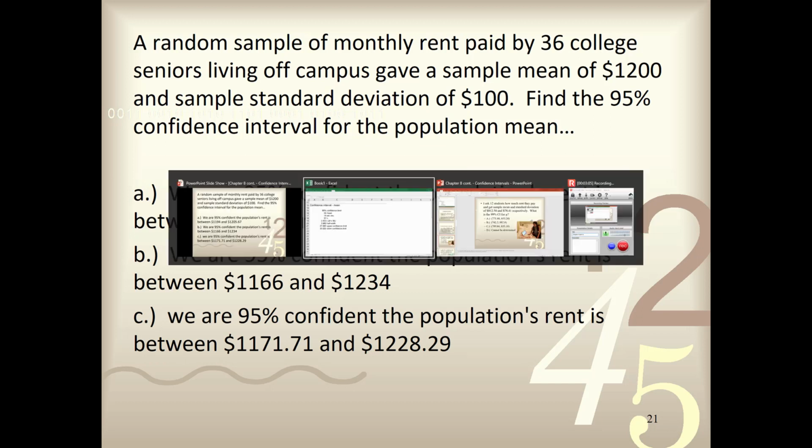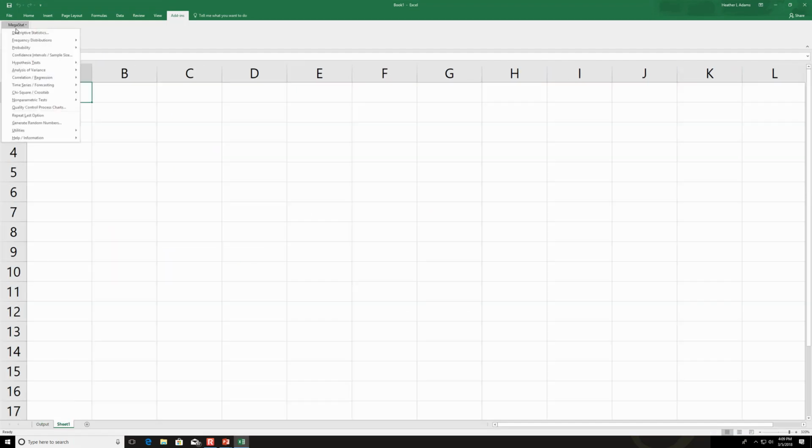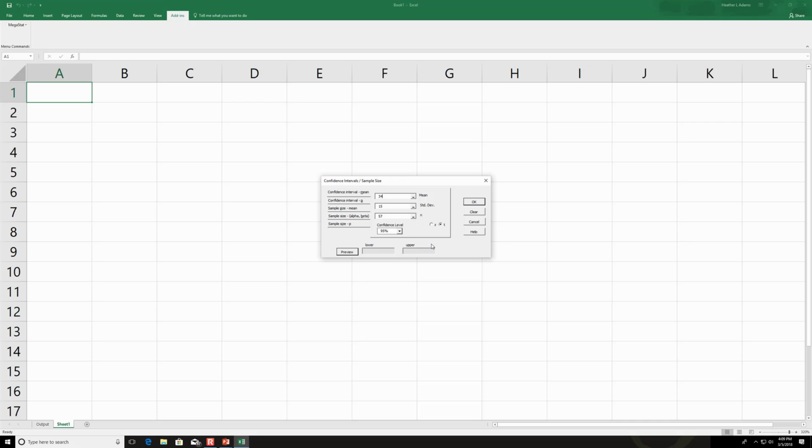So, go back to Megastat. I know it's a problem associated with mean because it's talking about mean rent and I'm given a standard deviation. So the mean was 1,200, standard deviation of 100, and sample size of 36.